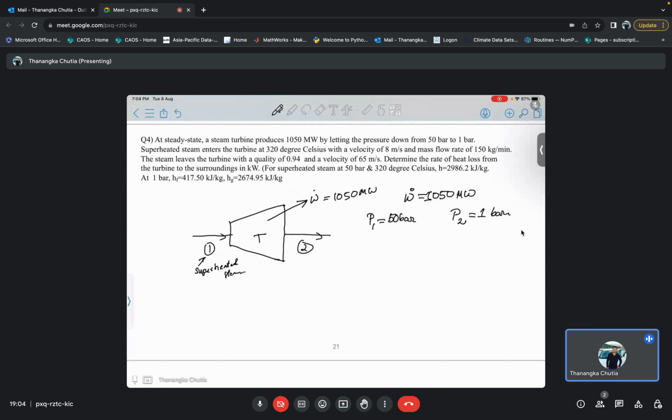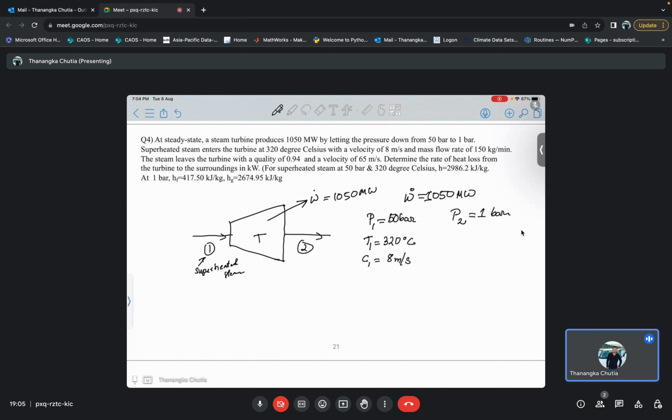Okay, so that means in the steam table you have to look for the values of the superheated steam. What it is telling us is that the temperature T1 is 320 degrees Celsius, and its velocity C1 is 8 meters per second.